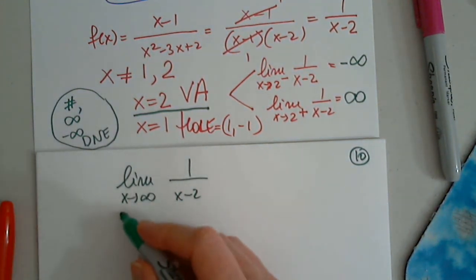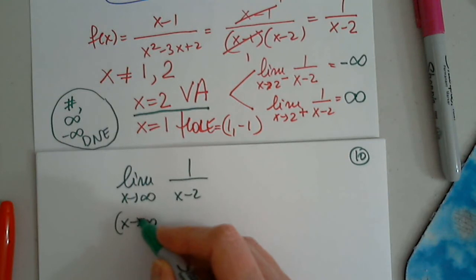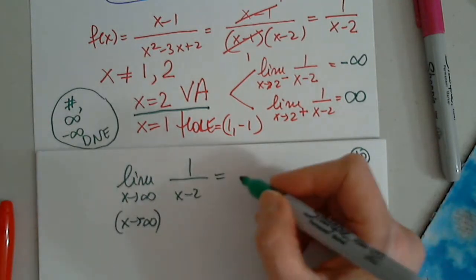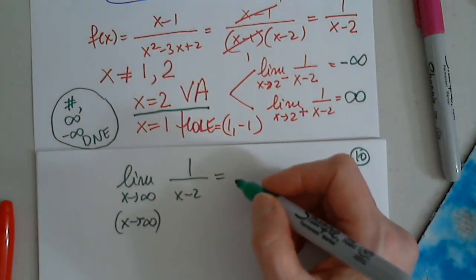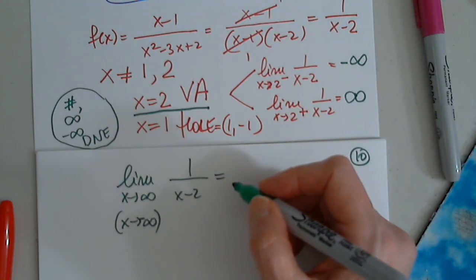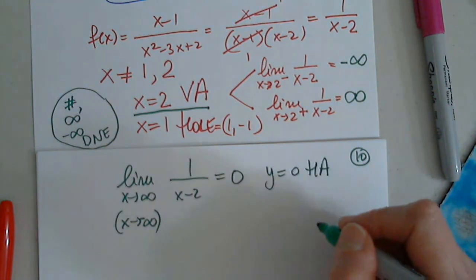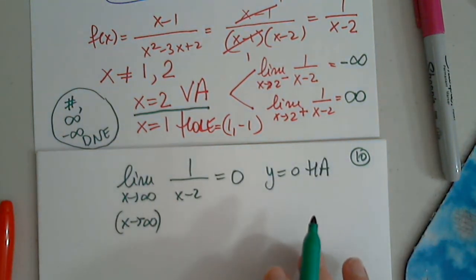The symbol doesn't matter, so negative and positive infinity will not make any difference. What is the answer? Zero. Very good. I have to write y equals 0, horizontal asymptote. I don't have to write at infinity because it's at both for sure.